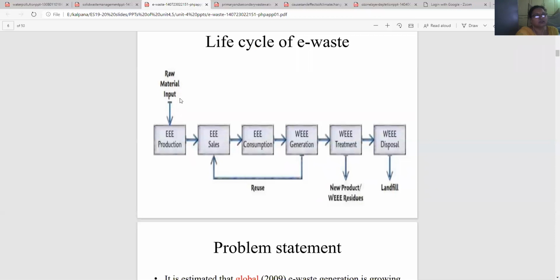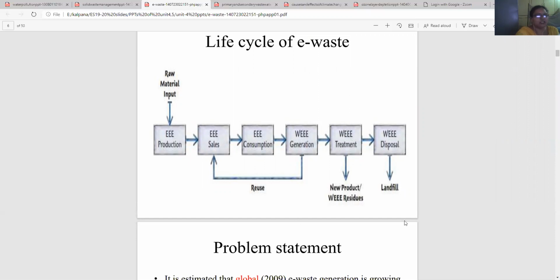We have material input, that is production, then sales and consumption. Then we have WEEE generation, then treatment, then disposal, then landfill. While in generation, we can reuse it and use it for sales.